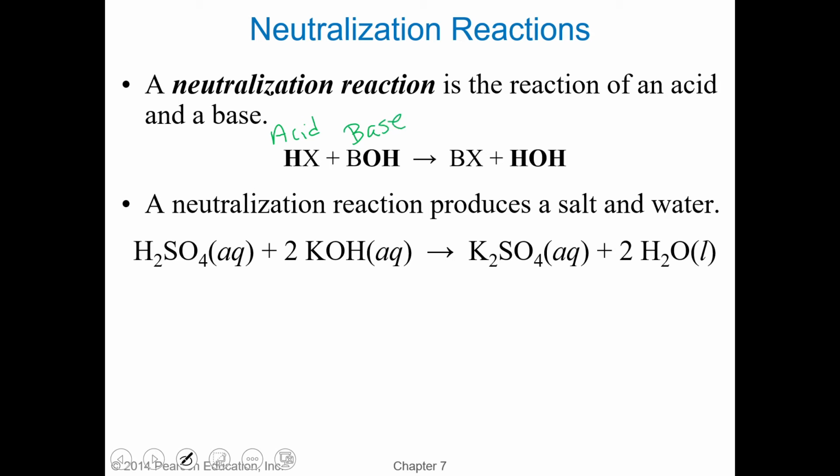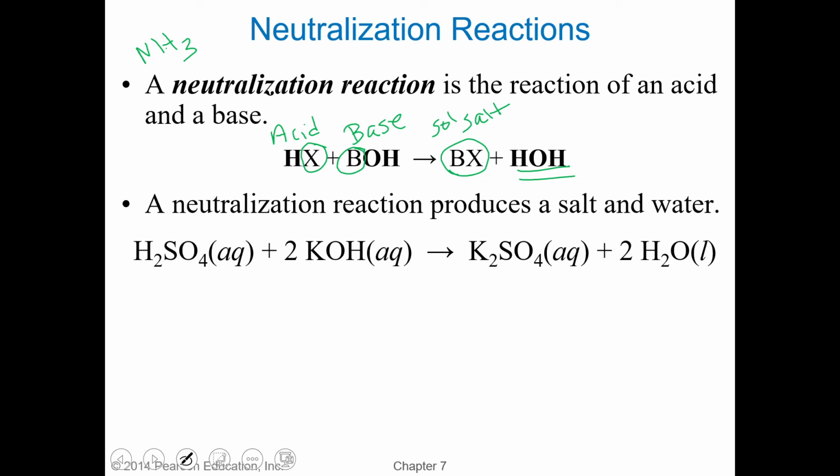You also need to know that NH3 will also be worked with in this section as a base. We will get the cation from the base and the anion from the acid to form our soluble salt. And then we will always form water.